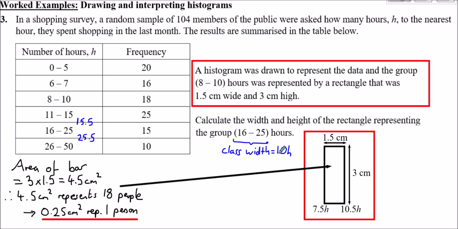We can now compare this 10-hour width to the width here for the 8 to 10 hour category. So the 8 to 10 hour category is this one here. It goes from 7.5 to 10.5 in terms of the absolute limits. So this class width from 7.5 to 10.5 is a width of 3 hours.